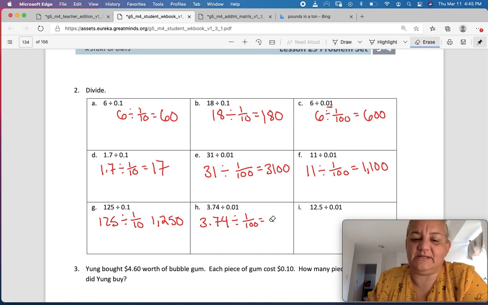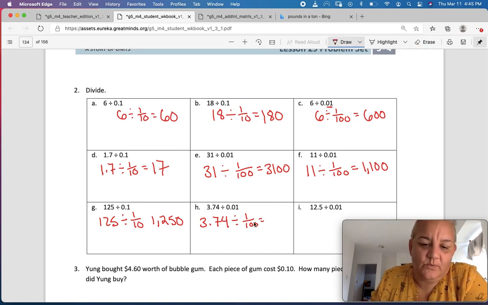I want to take this one a little step by step, just in case. 1/100th will go into 3 wholes 100 times, or 300 times. And 1/100th will go into, can I use this as 74/100ths? Or do you want me to do 7/10ths and 4/100ths? Let's do 74/100ths, right? Which would be the same as 74. So our answer is going to be 374.